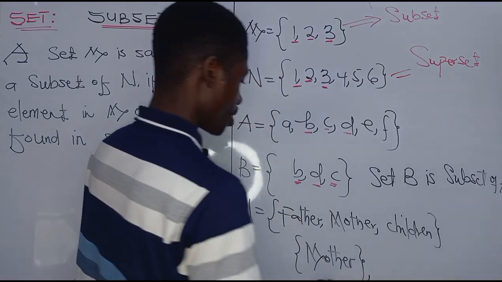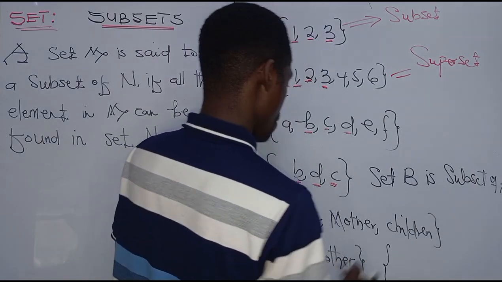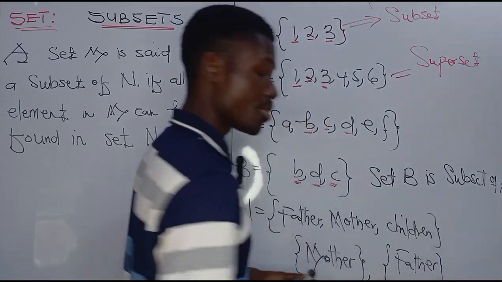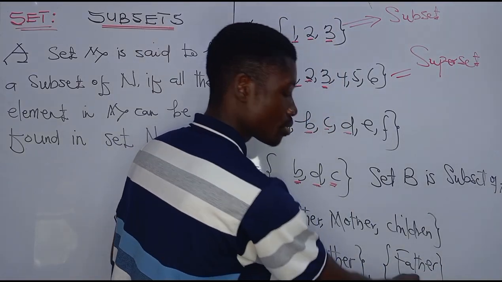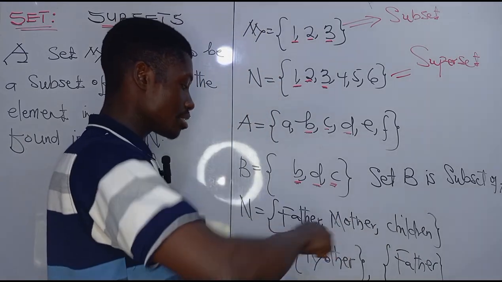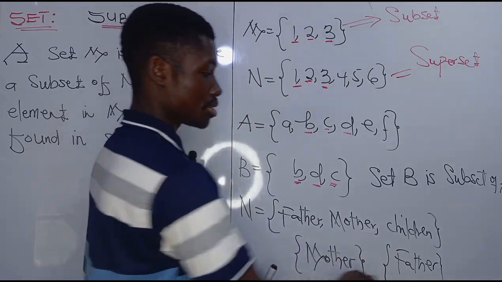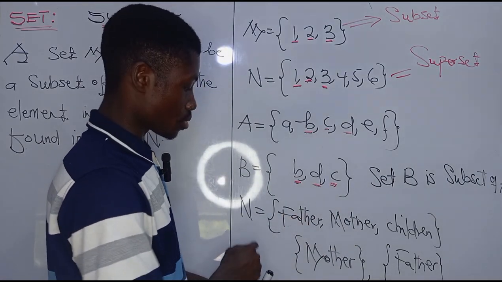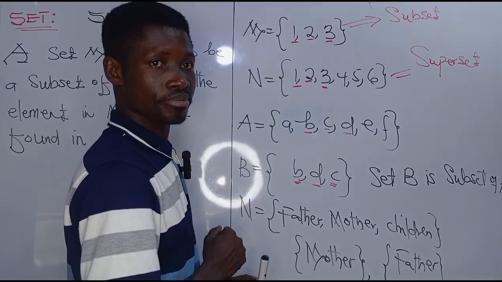Also, if we have another set which contains the father only, then we can say that this set which contains the father is a subset of the nuclear family because the father is contained in the nuclear family, which is the bigger set.